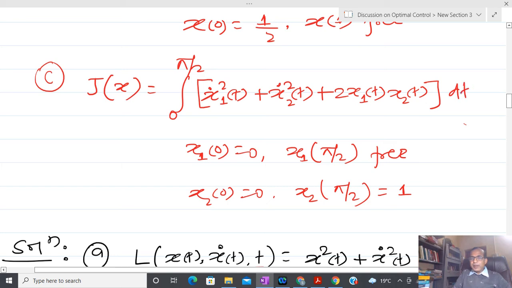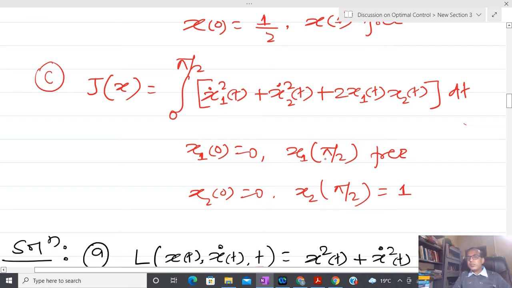I will check it. Okay, the dt term is here, and after that you can see that I have two states here, x1 and x2. Now the initial condition of both states and their starting moment is provided to us, both are 0, but one state x2 is known to me, and the other is unknown.